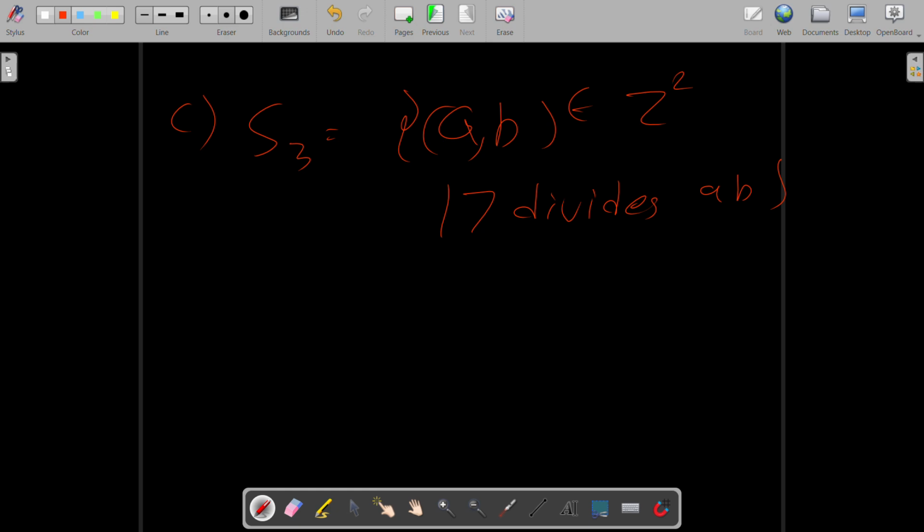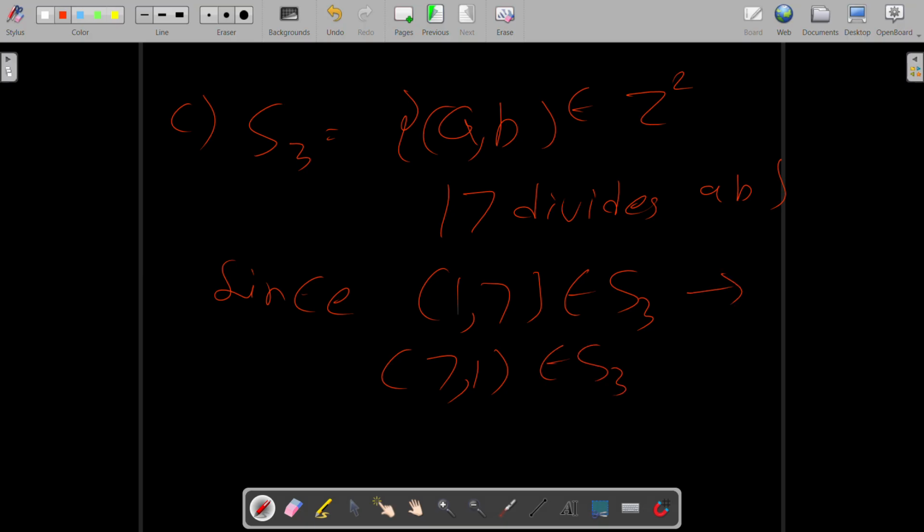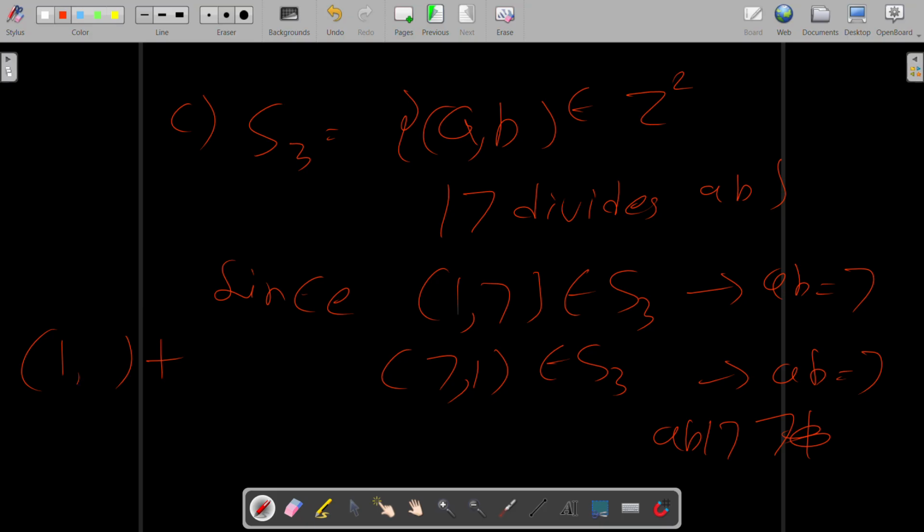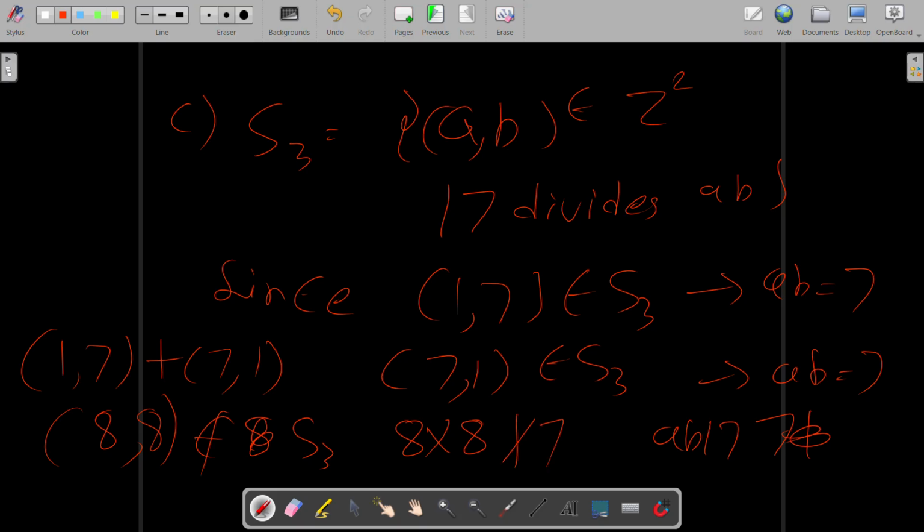Now (1, 7) belongs to S3 and similarly (7, 1) also belongs to S3, because the product ab is 7 in both cases, and 7 divides ab. But the component wise addition of (1, 7) and (7, 1) gives (8, 8), which does not belong to S3 since 8 times 8 is not divisible by 7.